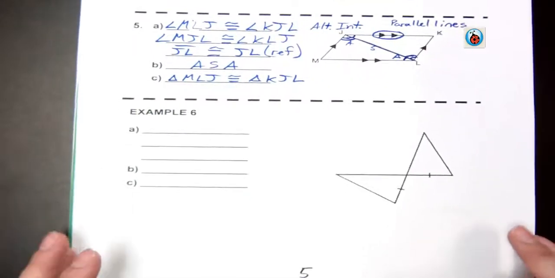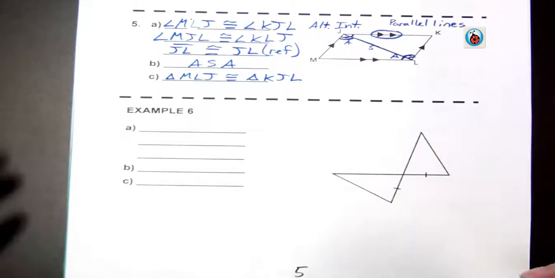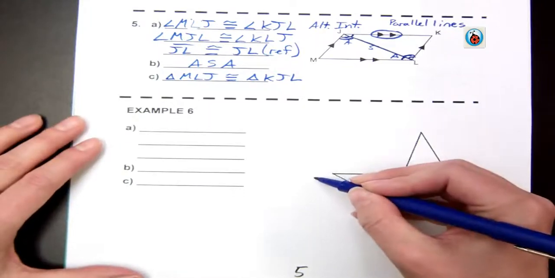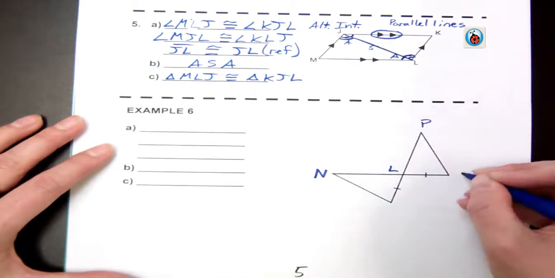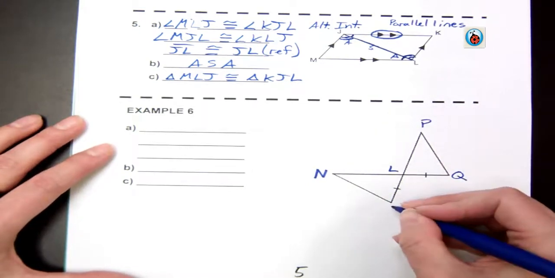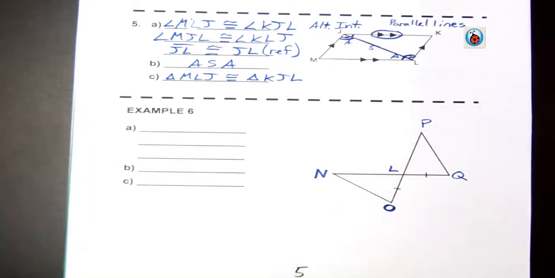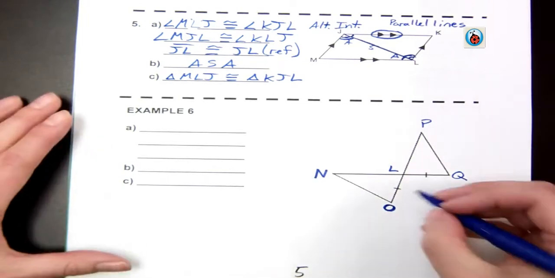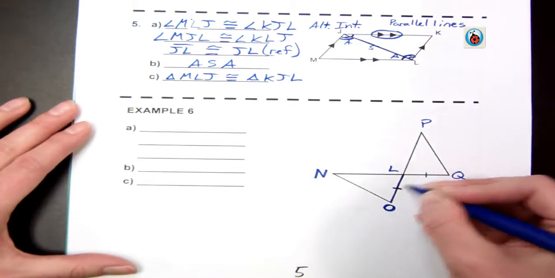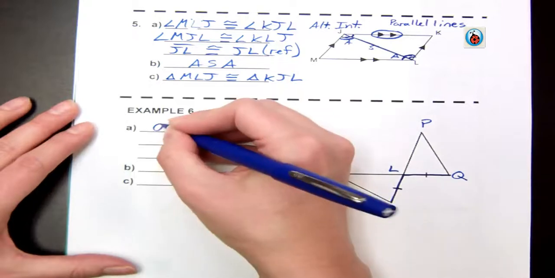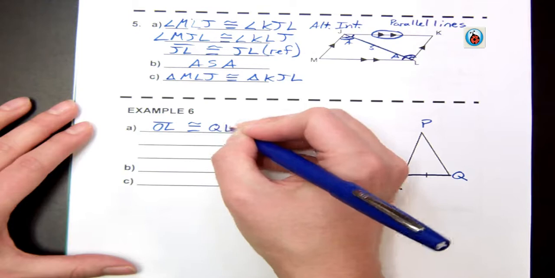Okay, example 6. We are getting close to the end here. So here, this got printed without the letters, so this time I'm going to call this N, L, P, Q, and O. So you need to pause the video and label yours the same way. Next I'm going to go ahead and label my congruent sides that are marked for me. So OL is congruent to QL.